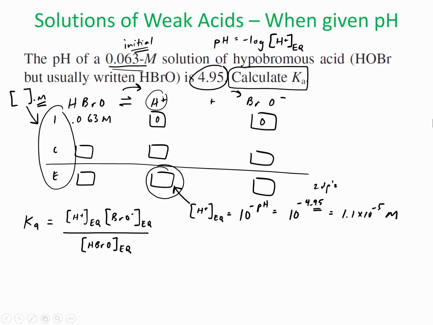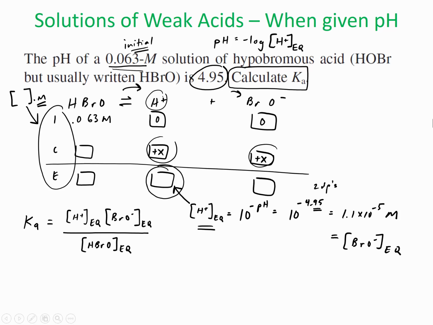molar. Now this is the hydronium amount, and as we know, this goes up by x, and this also goes up by x. So whatever we got here is actually the amount of the hypobromite ion as well. These two are going to equal each other at equilibrium. So this equals the hydronium, and it also equals the amount of BrO minus at equilibrium.